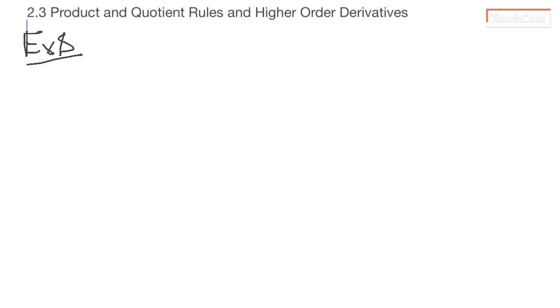We are going to differentiate y equals 1 minus cosine x over sine x. But it also has another form, and we're going to differentiate that as well.